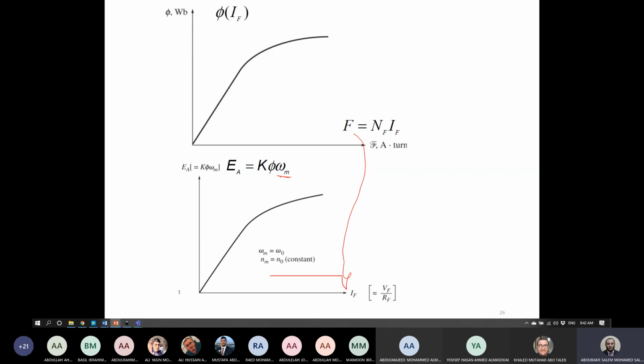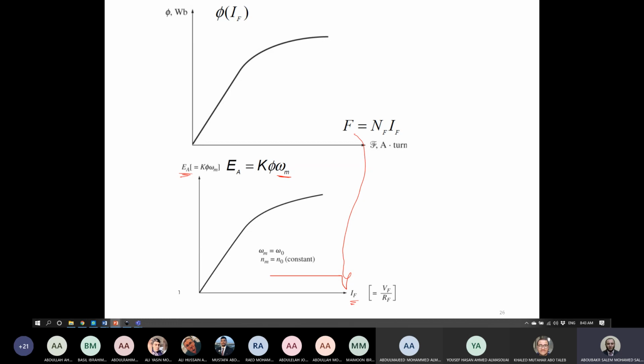If we consider a certain machine speed, if omega m is constant, the relation of EMF will be the same as the relation of flux. So this now, guys, will be the relation between EA, the induced voltage of the machine, and IF, the field current of the machine. So this is now the magnetization curve of the DC machine.